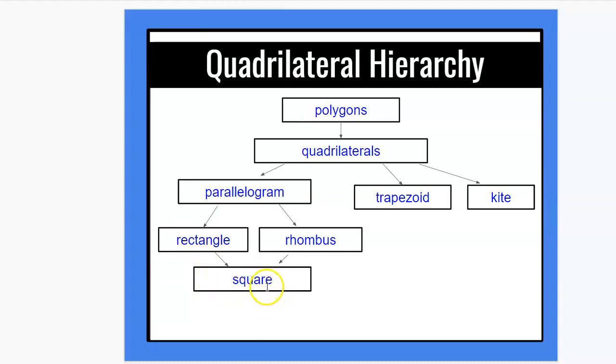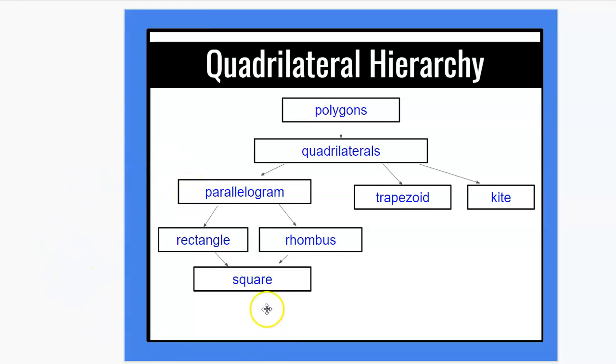And so this hierarchy lets us look at this from the bottom up, and we can see that a square is a rhombus, but a rhombus is not a square. A square is a rhombus, a square is a parallelogram, a square is a rectangle, and a rectangle is a parallelogram.